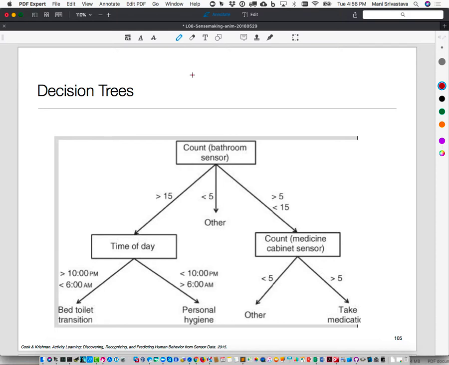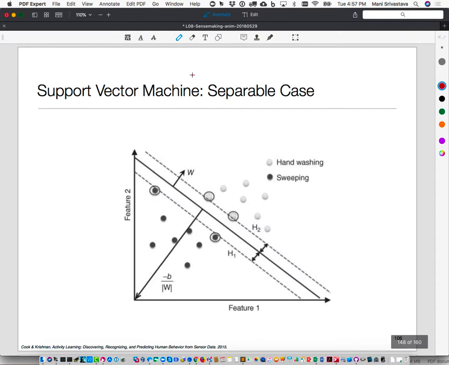As you can imagine, it is easy to implement, given this is just embedded in the logic of your program. So decision trees are very commonly used, and the final one is a generalization of linear classifiers.